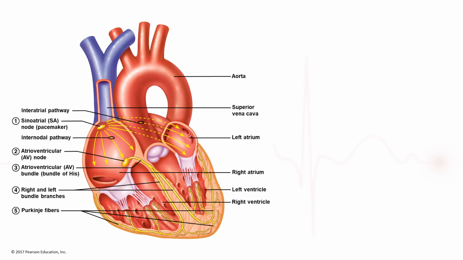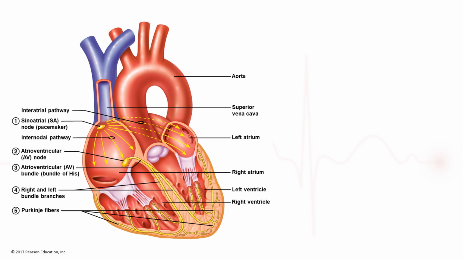So the big overarching point of all of this is that all cardiac muscle fibers in the heart are attached to other cardiac muscle fibers through intercalated discs. That is huge, right? And what do those intercalated discs do?